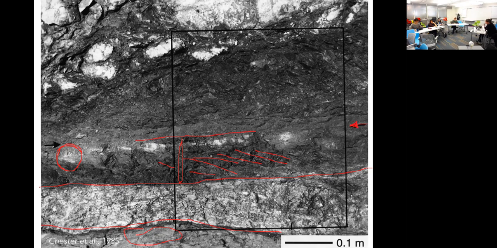And one of the big revelations from the Chesters' work out here is that on one side of the principal slip surface, all of this gouge is made from granite or altered granite. And on the other side of the principal slip surface, all of this material is derived from sediments or altered sediments. So the conclusion that the Chesters made from that observation is that this eensy-weensy sharp surface here is the fault.